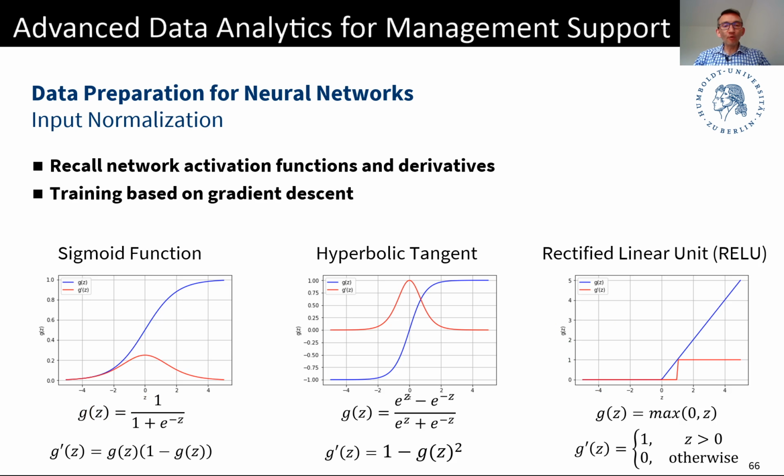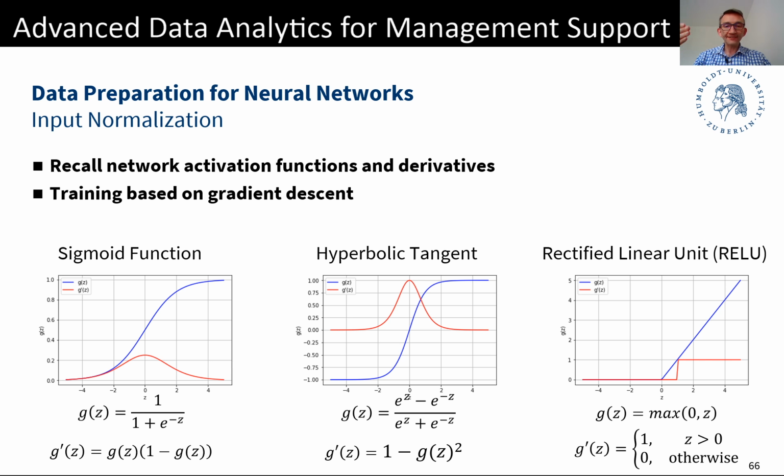We can be a bit more formal if we remember backpropagation and how training works by gradient descent. Here you see once more our common three activation functions that we use to introduce nonlinearity in our networks: the sigmoid, the hyperbolic tangent, and the rectified linear unit.